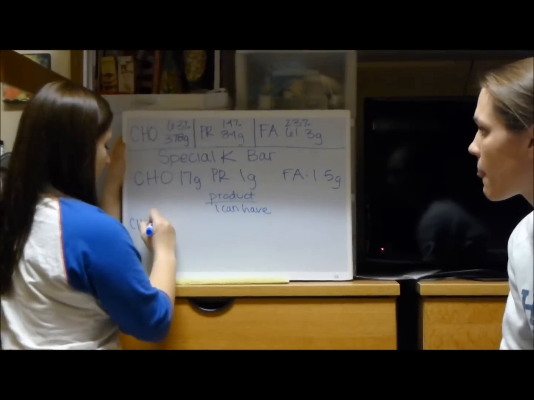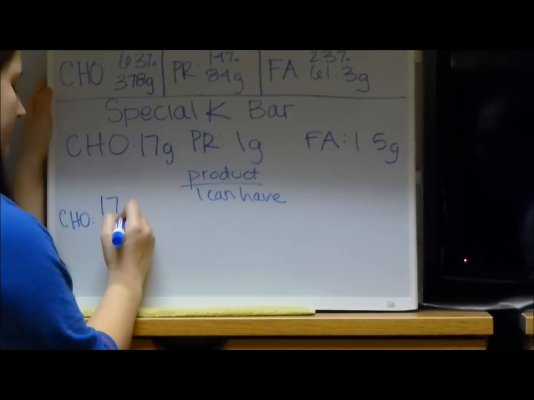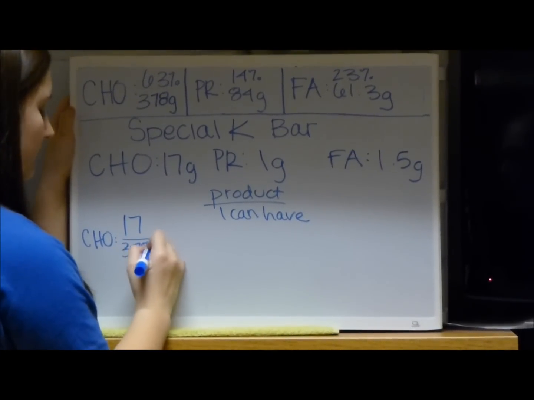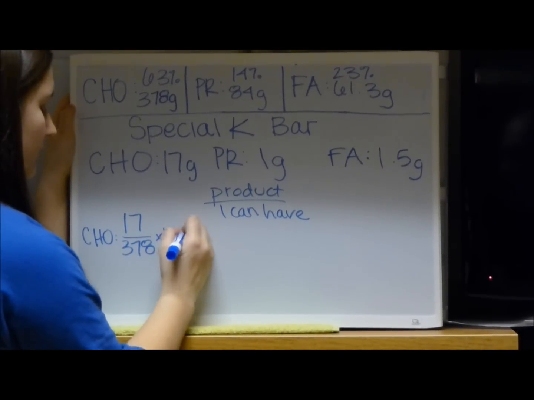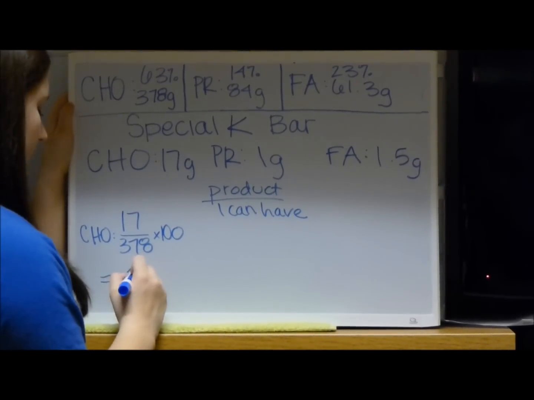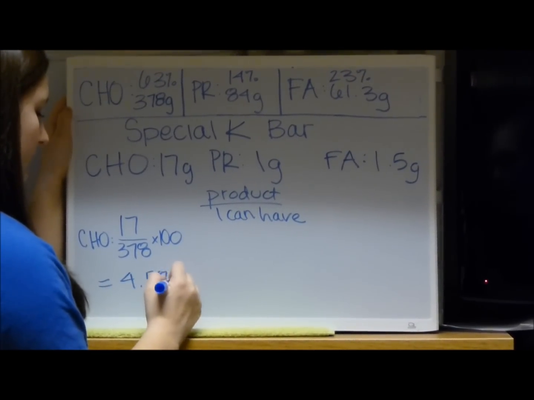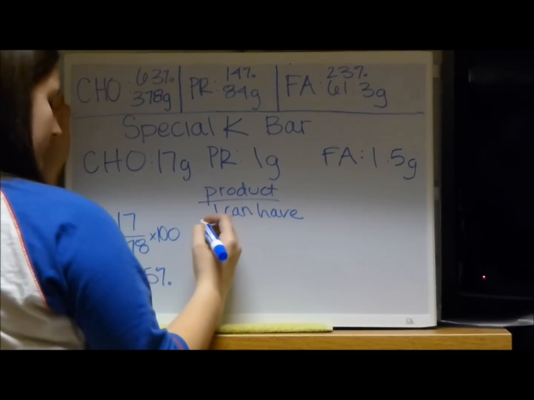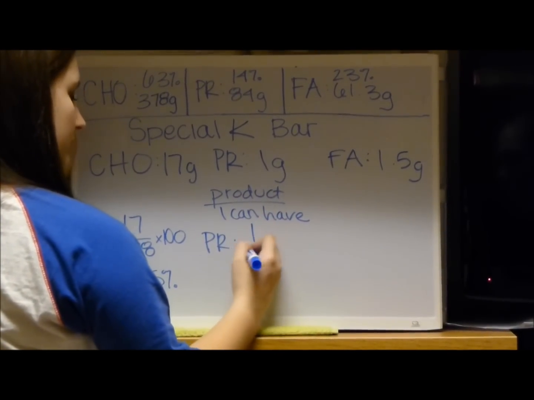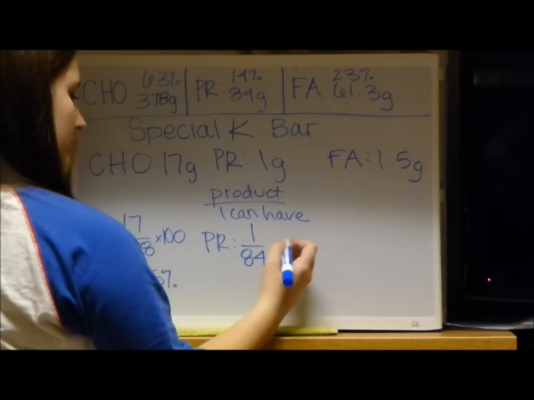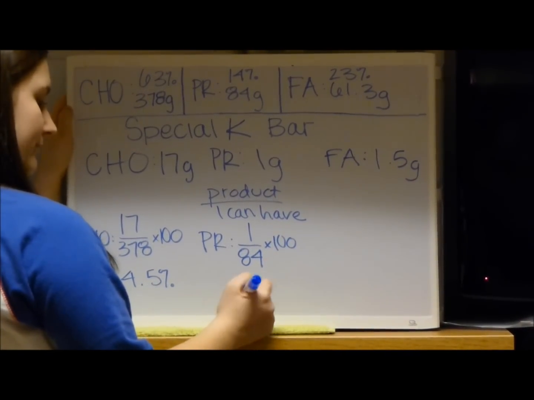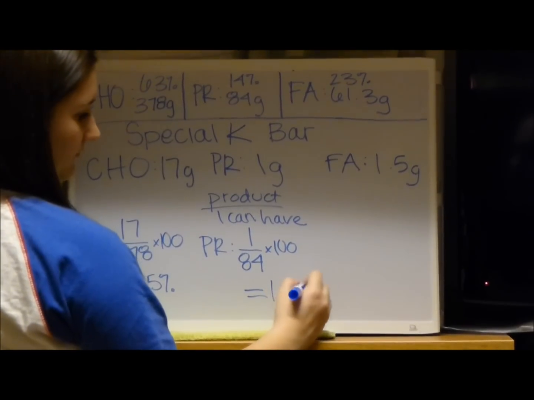We're going to take 17 grams in the product divided by 378 grams that she can have per day, times 100 to find the percent, and we get 4.5% carbohydrates. Next, for protein, 1 gram in the product over 84 grams that Megan can have times 100, equals 1.2 percent of protein for her day.